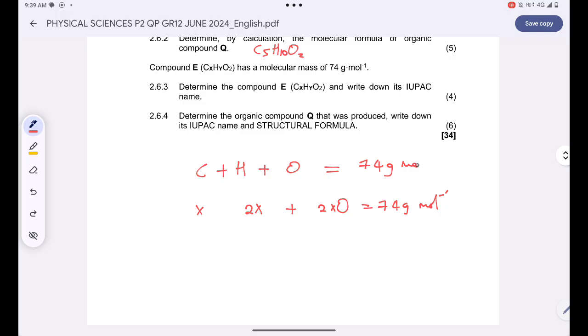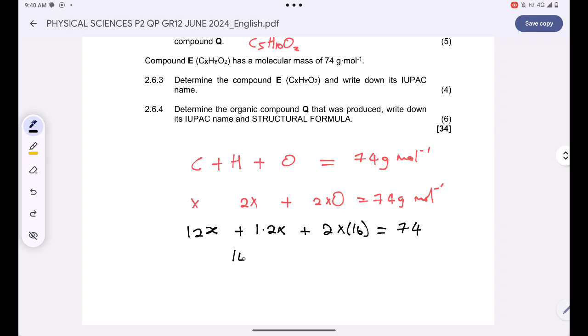We are given the 74 grams per mole. But remember that the molar mass for carbon is just 12, so this will be 12x. The molar mass for hydrogen is 1, so 1 multiplied by 2x, plus 2 multiplied by the molar mass for oxygen, which is 16. This is equal to 74 grams per mole, right?